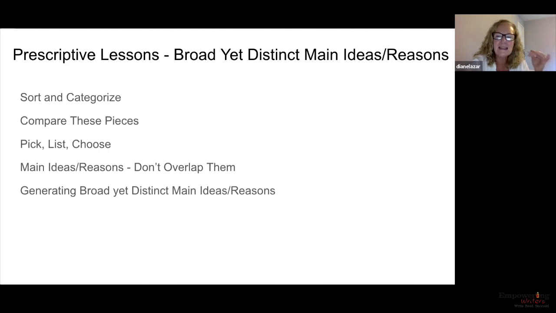There are many different main ideas that would have come from that pick, list, and choose strategy. And then how do we apply them? How do students practice? The name of the lesson is called Main Ideas, Don't Overlap Them, and then generating broad yet distinct main ideas. So those would be the lessons that I would choose based on what I have found to be the weakness across the board.